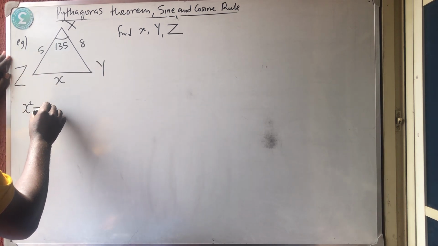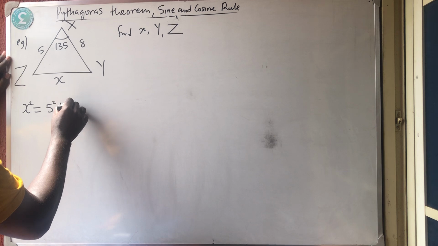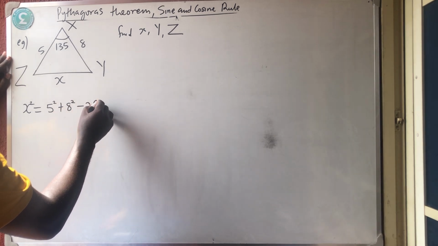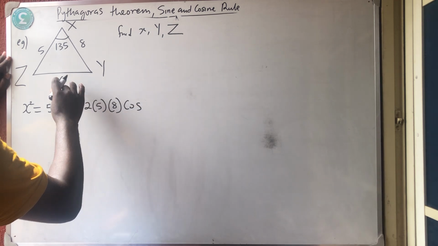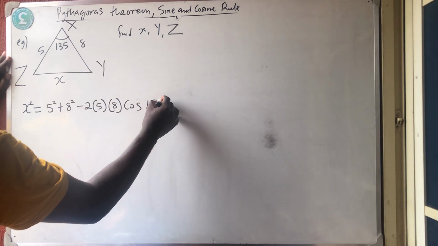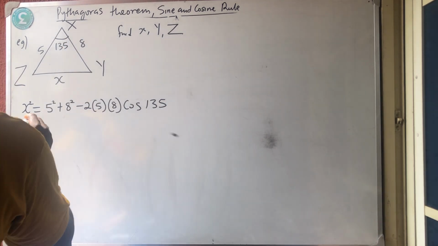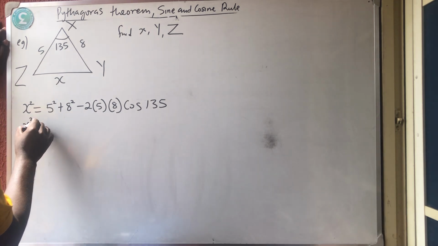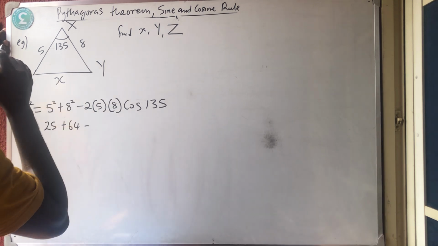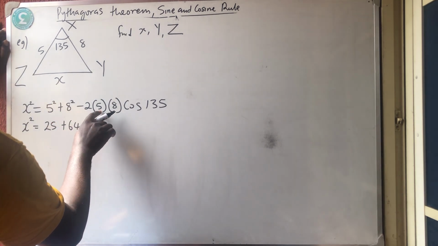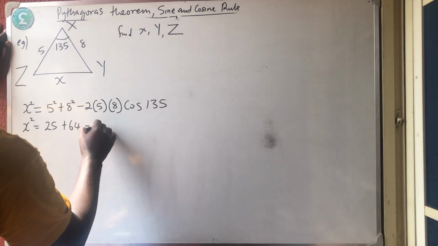It should be equal to 5 squared plus 8 squared minus 2 the same 5, the same 8, then cos that one facing it, cos 135. So x squared is equal to 25 plus 64 minus 2 times 5, 10, 10 times 8 is 80.